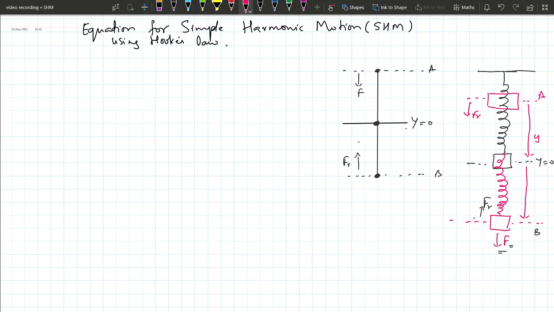From equilibrium, whenever the mass is at A, the displacement will be y. Similarly, when the mass is at B, the displacement is again y. So the restoring force created at A and the restoring force created at B are going to oscillate the mass in a simple harmonic manner, or in a periodic manner.